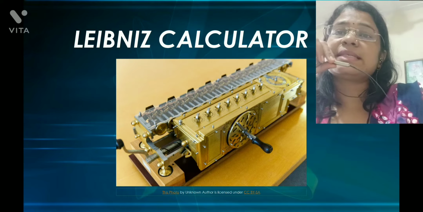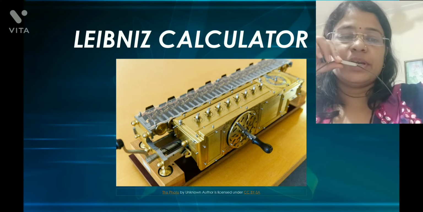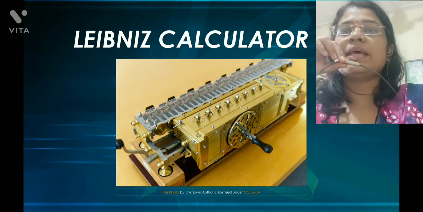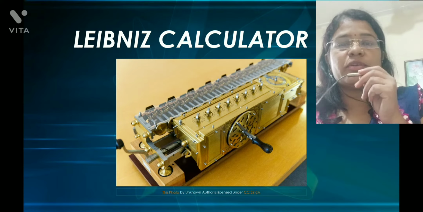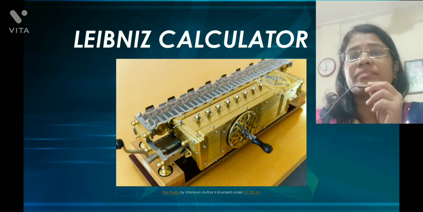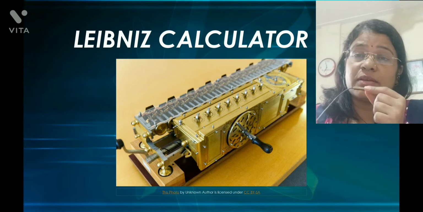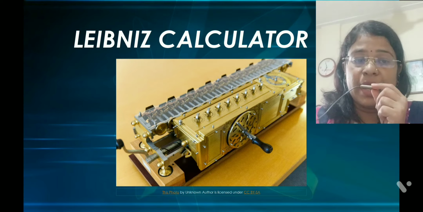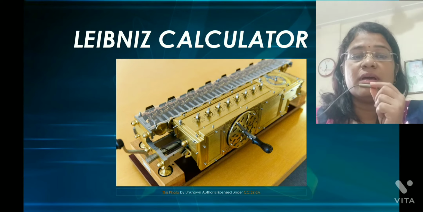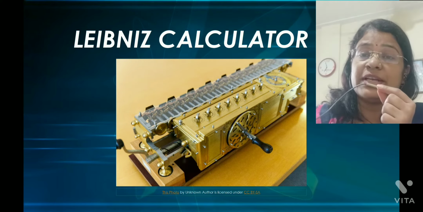In 1671, the Leibniz calculator was invented by the German mathematician Leibniz. This calculator could do addition, subtraction, multiplication, division, and also find square roots.